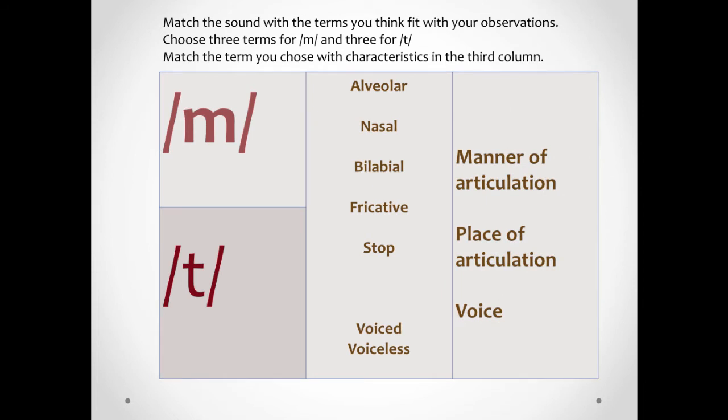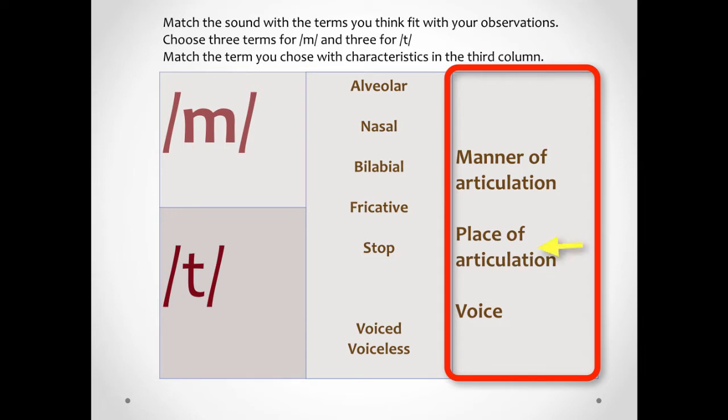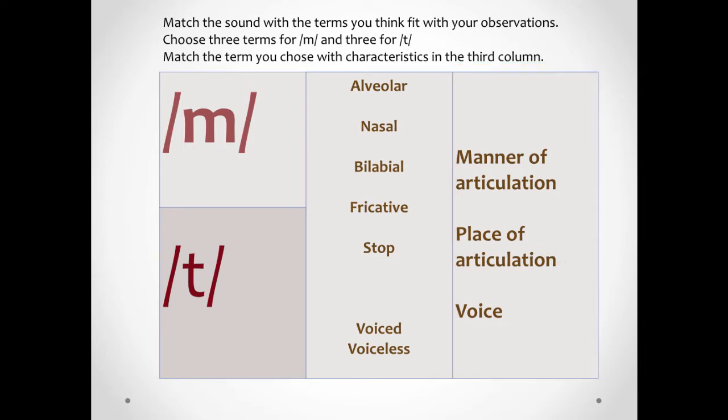If we begin on the column on the right, let's take a look at place of articulation. So where you have the sound m, what is the place of articulation? Is it using the alveolar ridge?